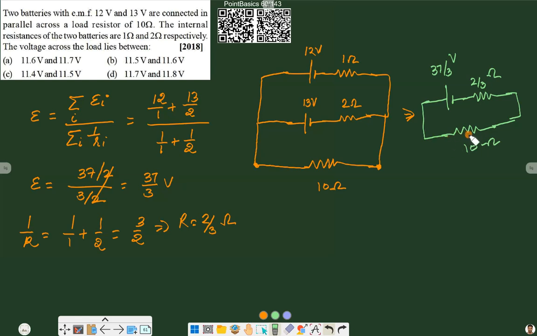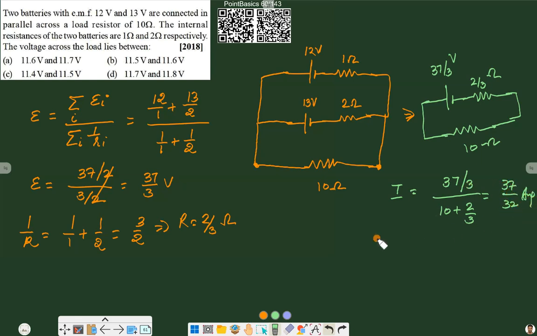Now to find voltage across this 10 ohm resistance, what we have to do? First we have to find out the current in the circuit, and then we will multiply it by 10. V is equal to I R. So I will be current in the circuit, total potential 37 by 3 divided by total resistance, so 10 plus 2 by 3. So this will be 30 plus 2 by 3, so 37 by 32 ampere.